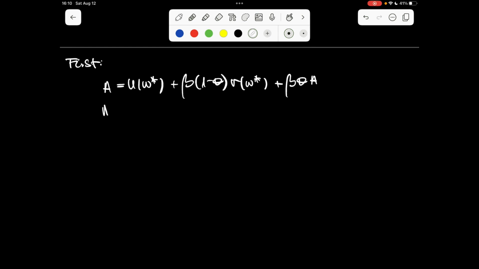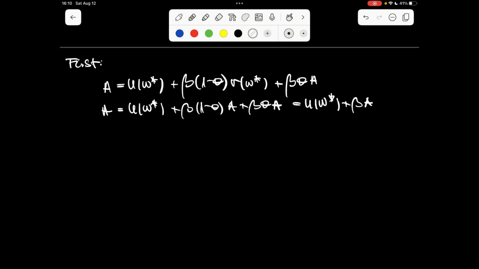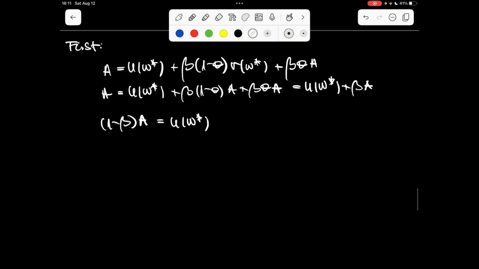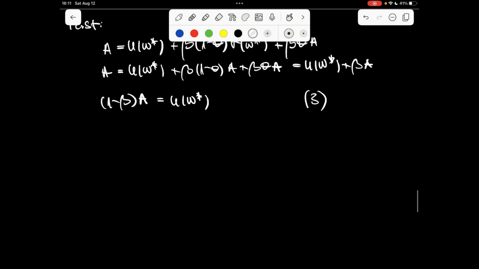From this, with some easy steps, we can get to a very useful and simple formula from which it follows that the following equality holds between A and the reservation wage. This is equality 3 of the textbook.